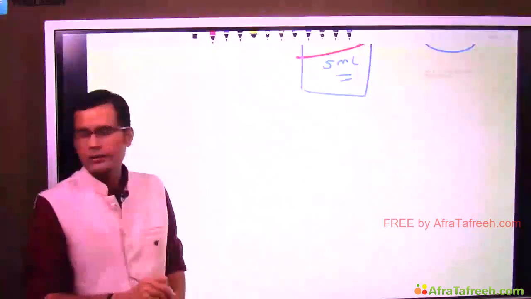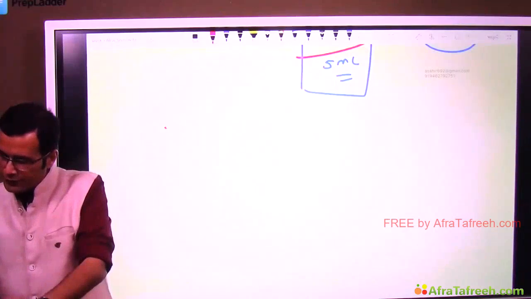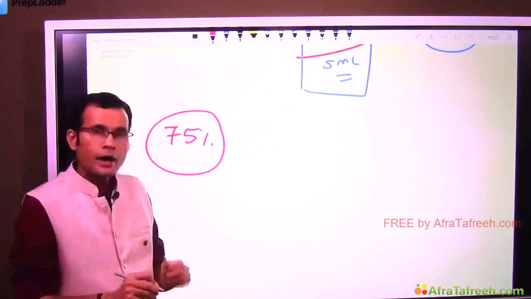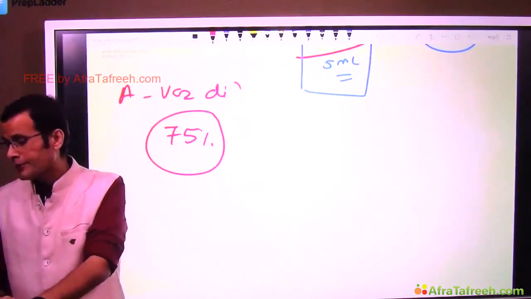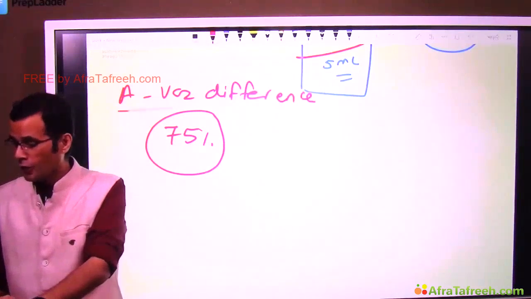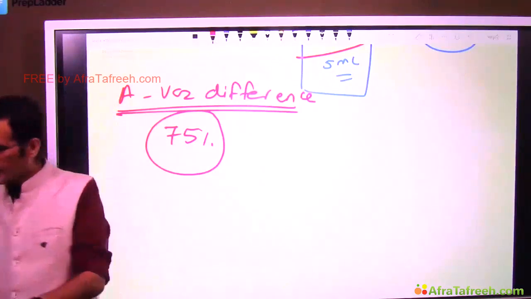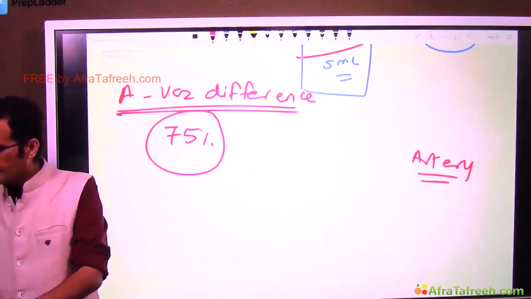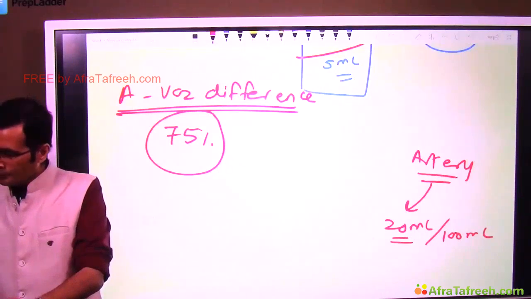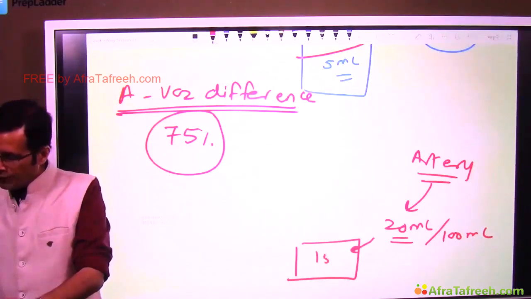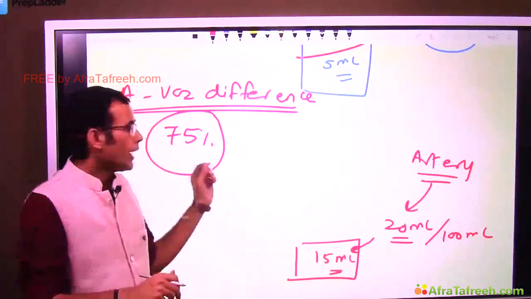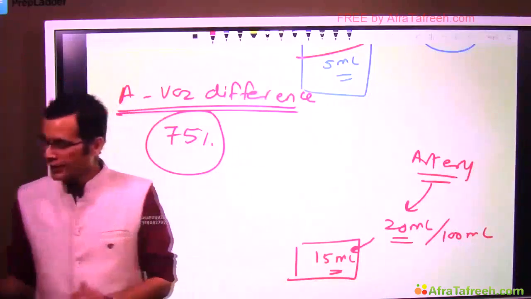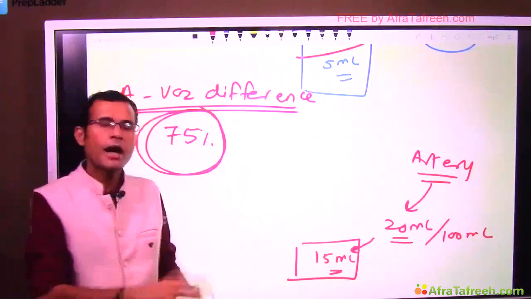In the case of the heart, this difference is 75%. Arteriovenous oxygen difference is 75%, highest for any organ in the body. That means if the arterial blood is carrying 20 ml of oxygen in every 100 ml of blood, then myocardium will extract 15 out of that 20 ml, and 15 out of 20 is 75%, highest.